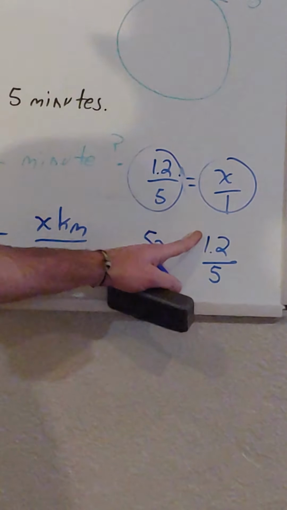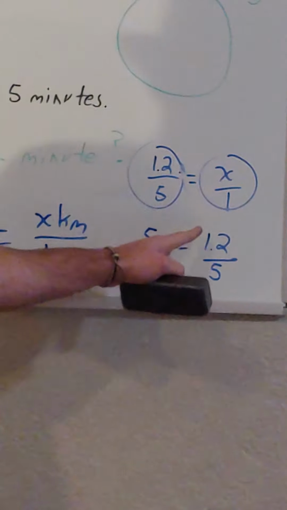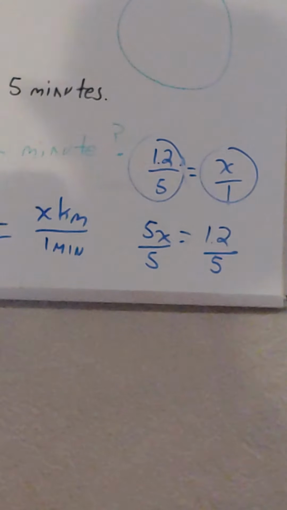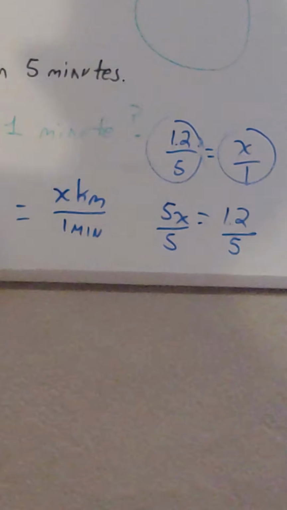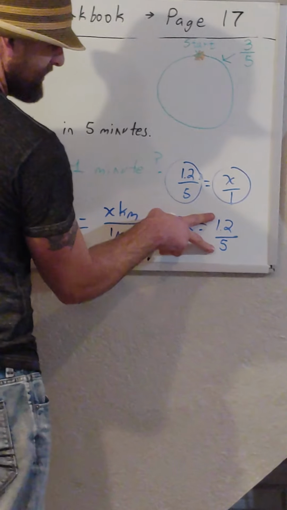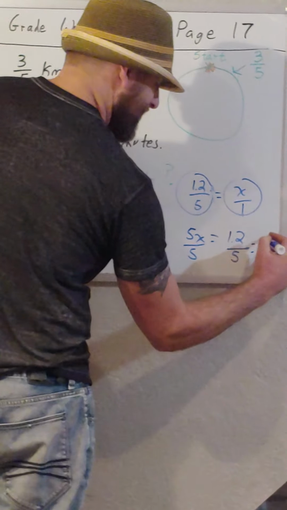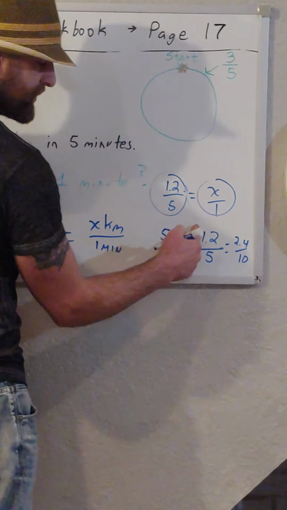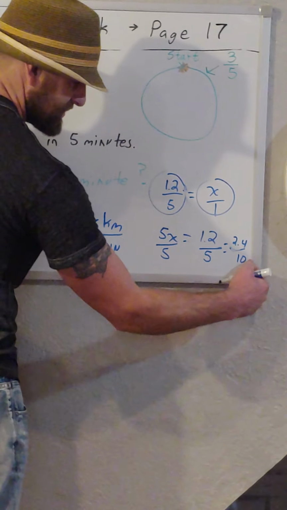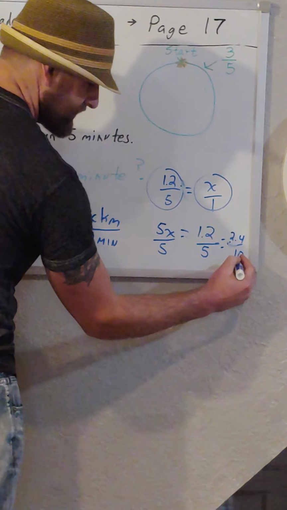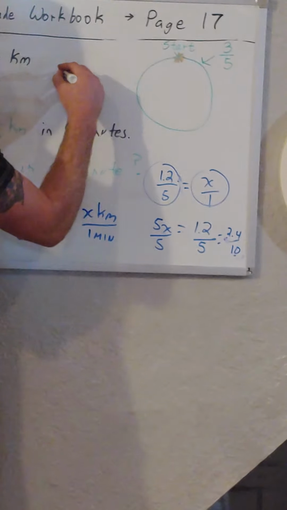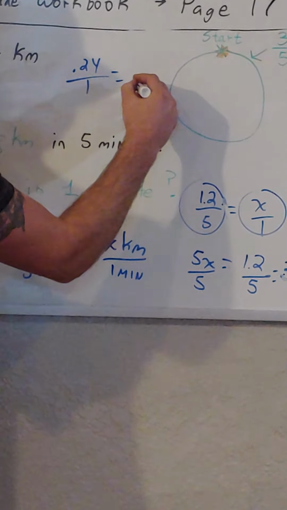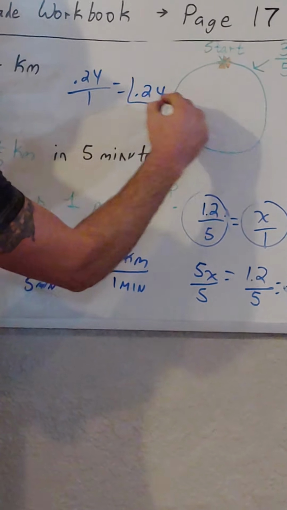And then you're going to put this in your calculator. You're going to do 1.2 divided by 5, and that's going to be your answer in kilometers. So 1.2 divided by 5, what I'm doing in my head here, I'm just thinking of it like this, multiplying both of those by 2, and then I'm going to shift my decimal over on both of those, 1 to the left, which will give me that, and then anything over 1 is just itself.